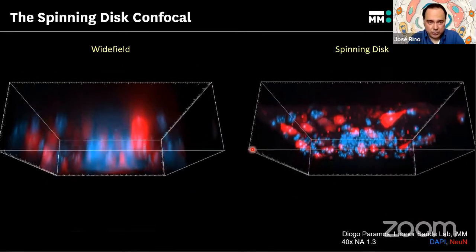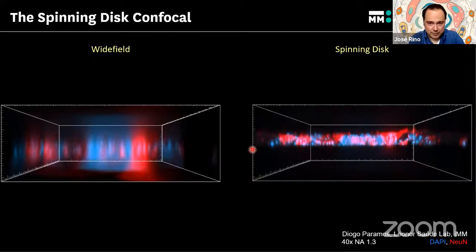I'm just now showing you the XZ projection. You see the way that the wide field illuminates, and you have basically fluorescence even when you are far away from the plane where the sample is. The same thing doesn't happen on the spinning disk.